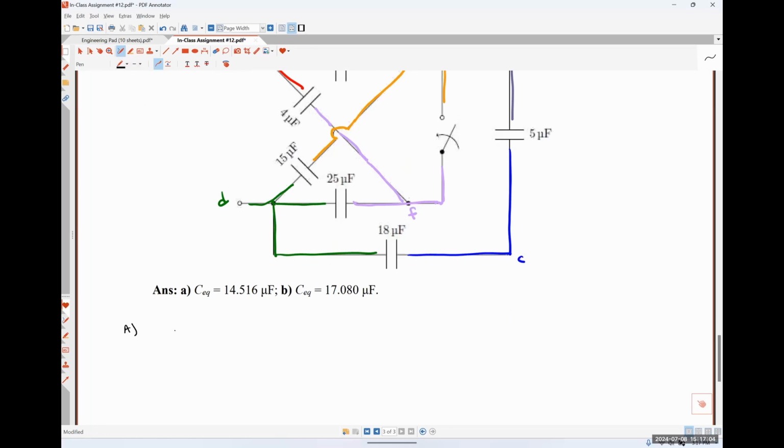So in part A, we're finding the equivalent capacitance seen between A and D.